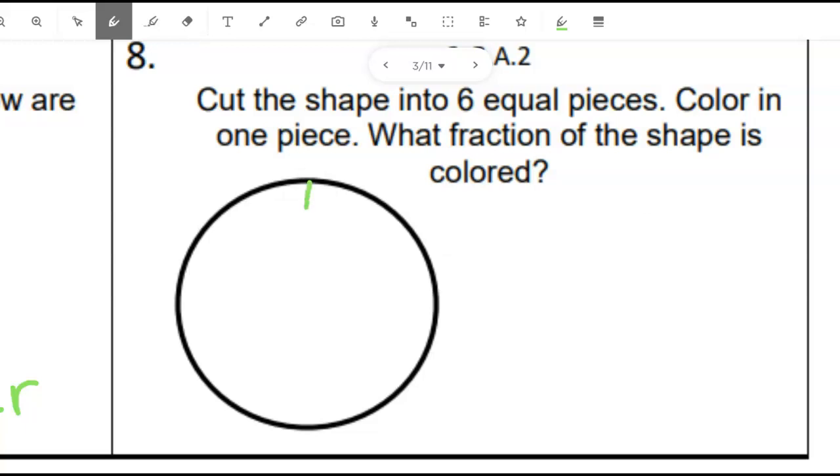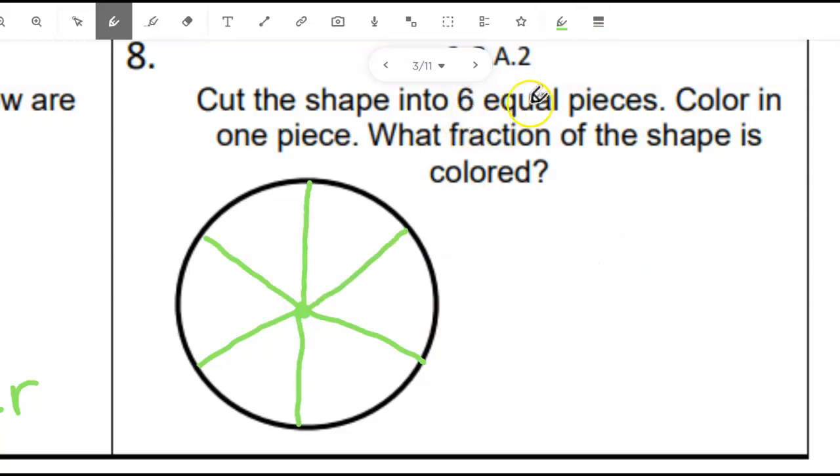I want you to draw a line from the very top straight to the middle. Then I want you to draw 2 lines at different angles from the middle. If we divide each one of these sections into 2, we will have a total of 6 sections.